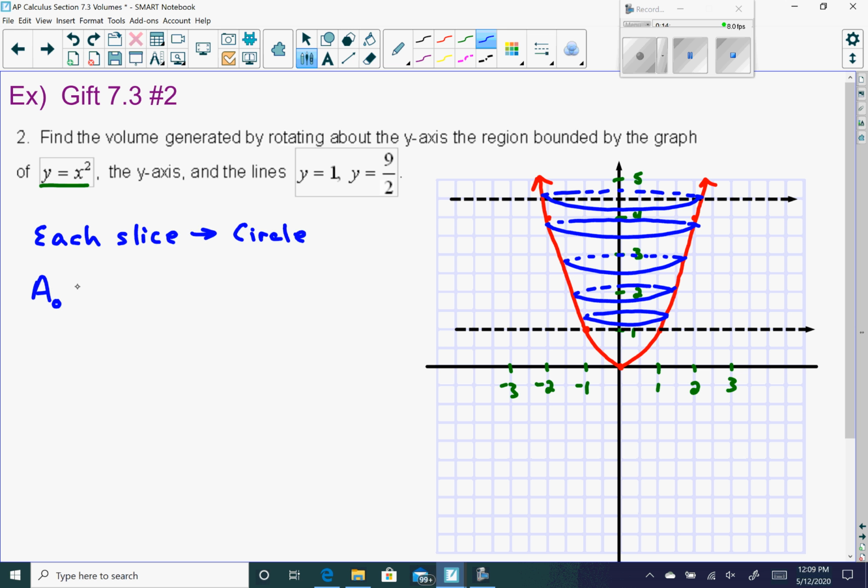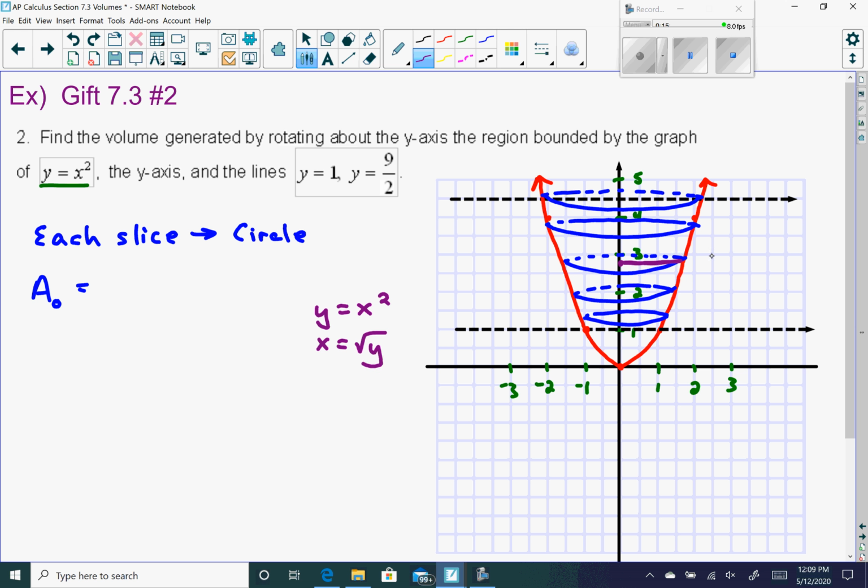The area of each circle is going to be pi r squared. But notice in this case, our radius is going horizontally here. So remember when we looked at like with respect to y, that's what we're looking at here. So we have to go over the x value. So in this case, if y is equal to x squared, x is going to equal the square root of y.